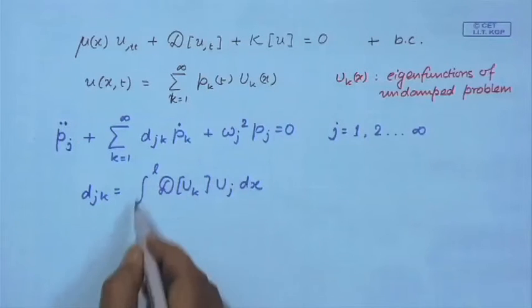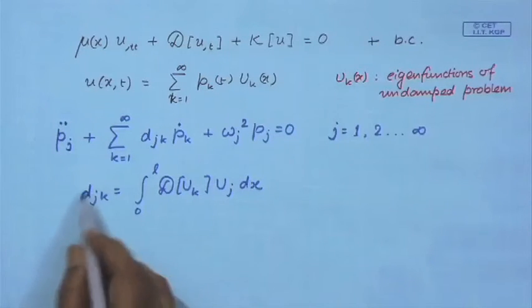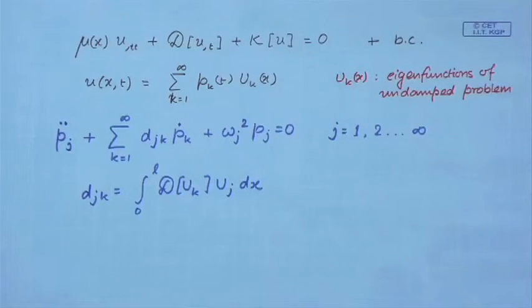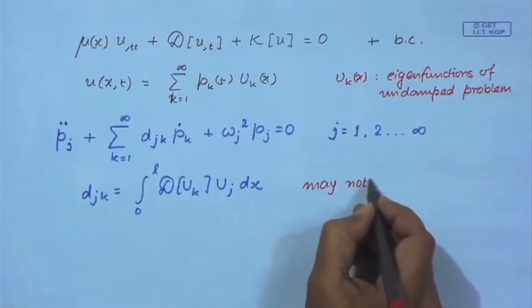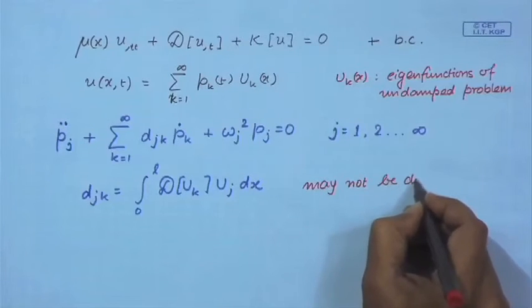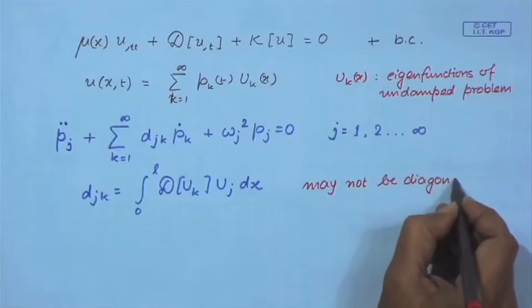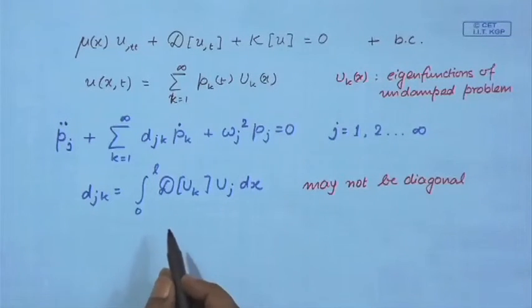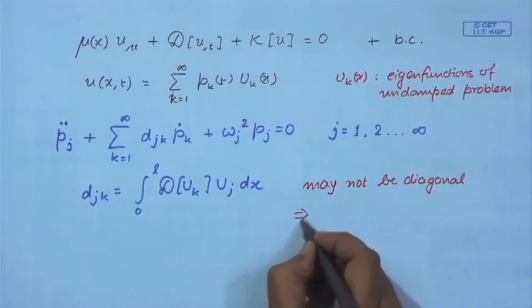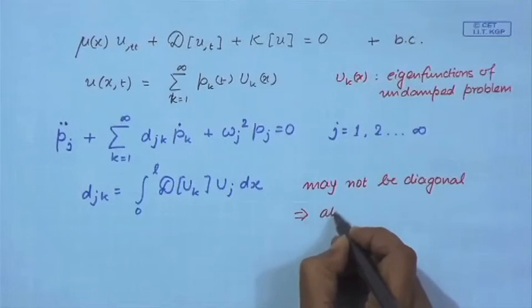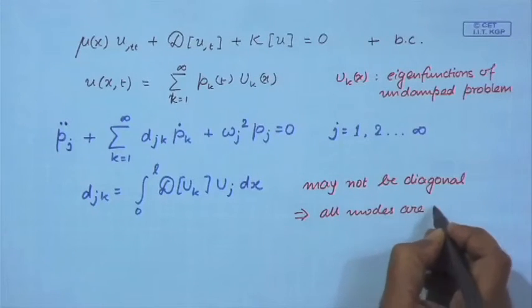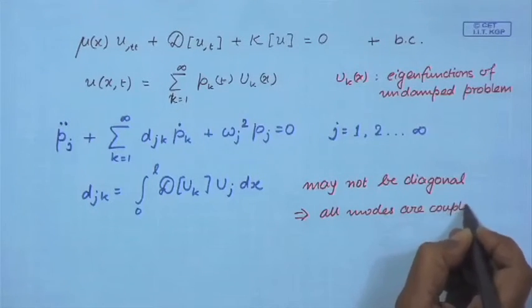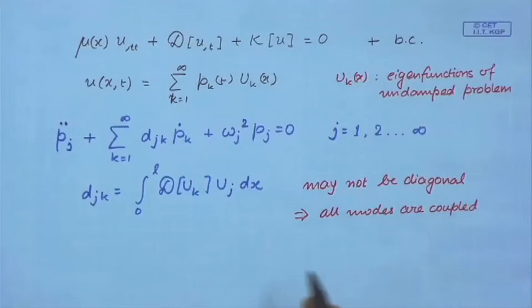Now, in general there is no guarantee that d j k is diagonal. If this is not diagonal, then all the modes are coupled. So, all the modes are coupled through this damping term.